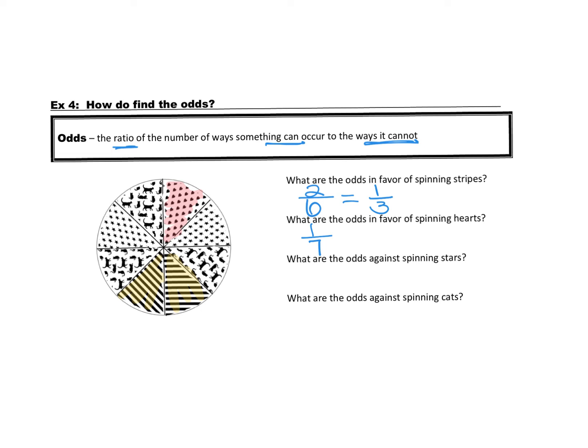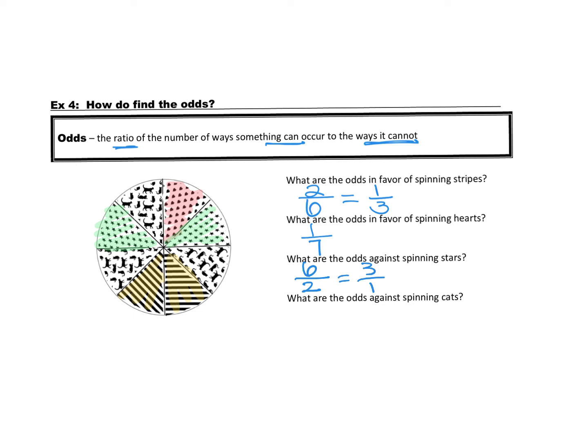And what are the odds of spinning the stars? So our stars, here's our stars. We have 2 stars. Oh, I'm sorry, this says against the stars. So against the stars, we have 6 that are not stars, and then we have 2 stars. So 6 to 2 or 3 to 1.